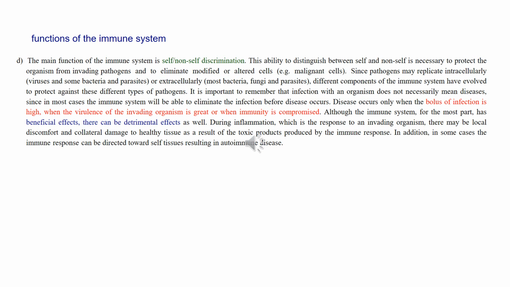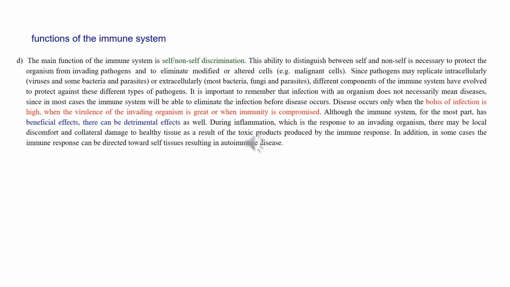Now, what is the function of the immune system? The main function of the immune system is self to non-self discrimination. The ability to distinguish between self and non-self is necessary to protect the organism from invading pathogens or microorganisms, and to eliminate modified or altered cells like malignant cells.